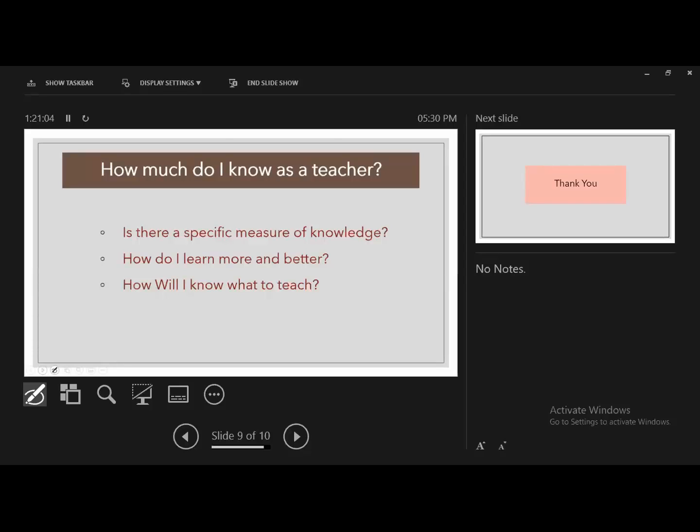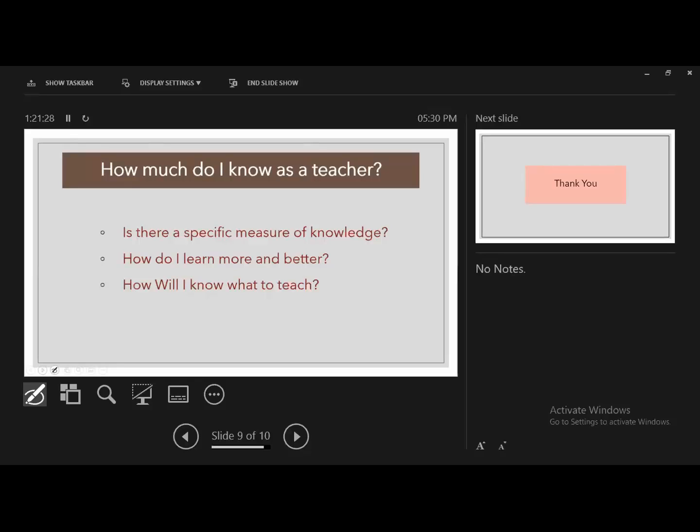Once you leave, then you'll be ideally ready. But as for these questions, is there a specific measure of knowledge? I would say no. There are types of knowledge being identified.